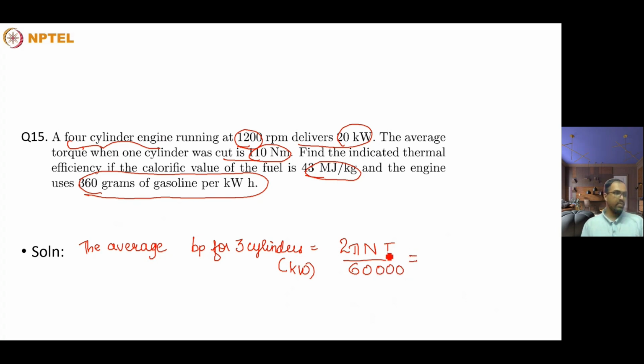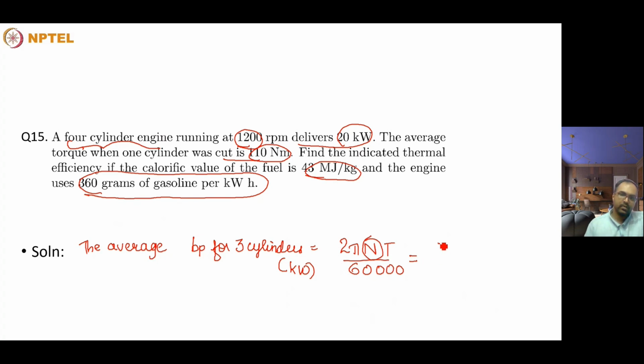So N will be 1200 rpm, and nothing is mentioned whether this is a four stroke or a two stroke engine. So we can directly take the number of rpm as equal to the number of cycles.